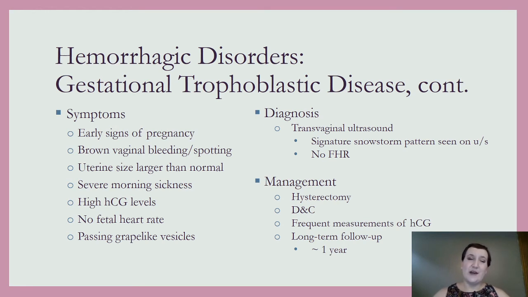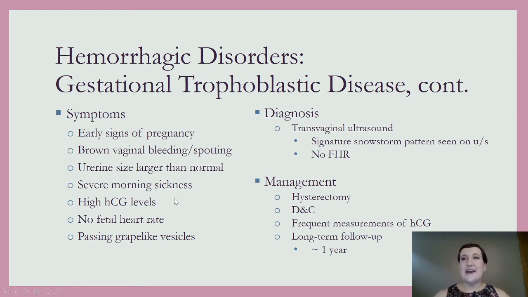You're going to have brown vaginal bleeding or spotting. As I mentioned, you're going to have perhaps a uterine size larger than normal. Along with that vaginal bleeding, you might also see some anemia. The uterine size being so large might also cause some abdominal cramping. We have severe morning sickness, and that correlates with the next symptom, high HCG levels.